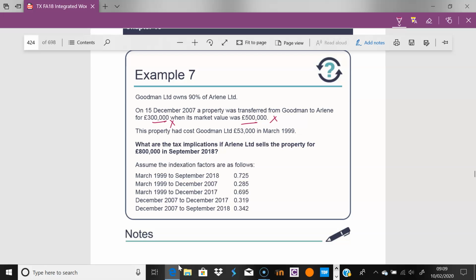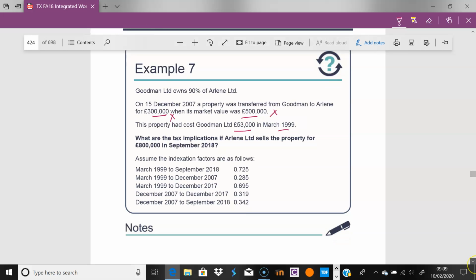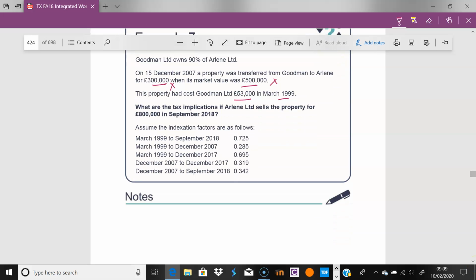We're just moving the property from one statement of financial position to another, which is what we would have done anyway, even in normal corporate reporting.